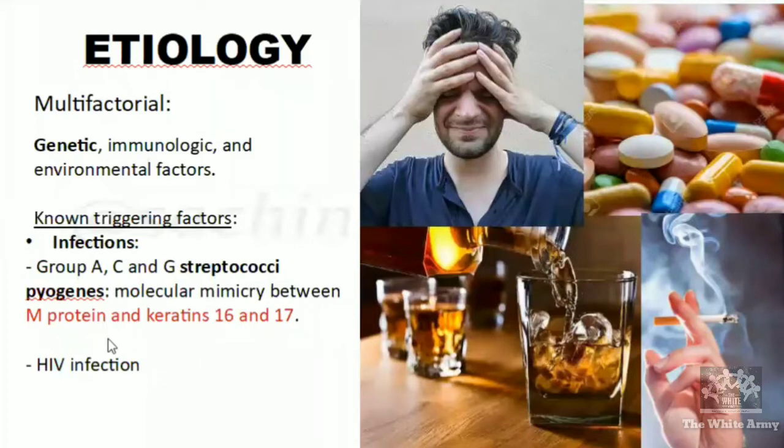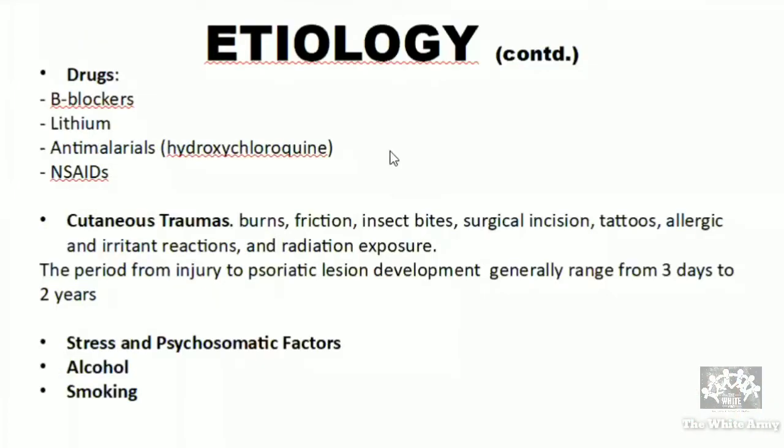People having HIV infection, the incidence of getting psoriasis is higher, and also once they get the psoriasis, it's more severe in course. Other triggering factors are drugs like beta blockers, lithium, antimalarials like drug of the year, hydroxychloroquine, then NSAIDs.